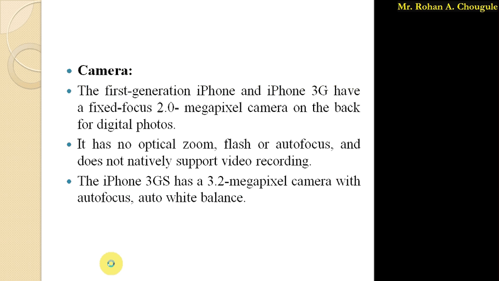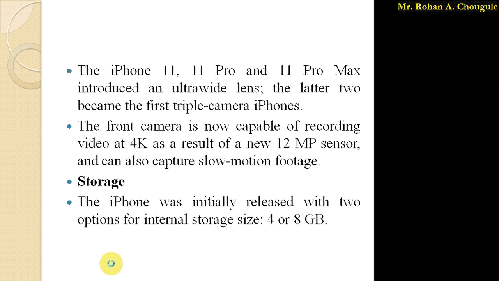Then as the variants went on changing, the camera technology also improved. The iPhone 3GS has a 3.2 megapixel camera with autofocus and auto white balance. Then iPhone 5s has a 4 megapixel camera. Then iPhone 6 also has a 4 or 6 megapixel camera.